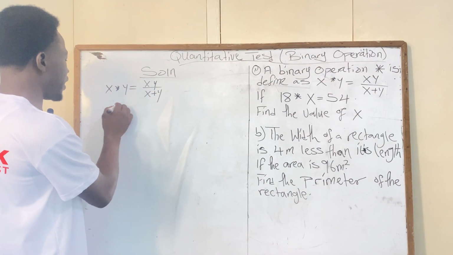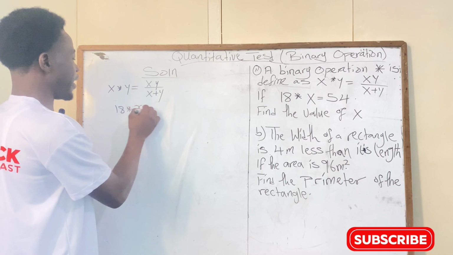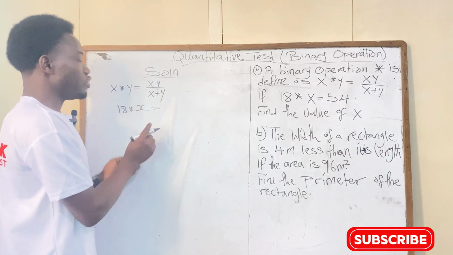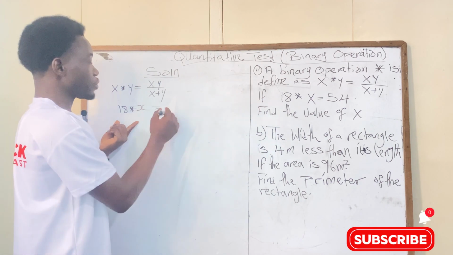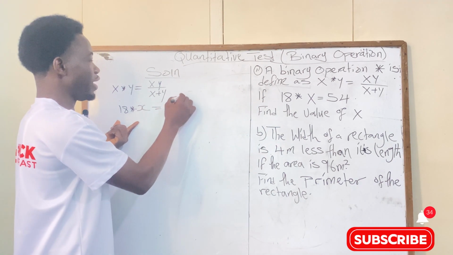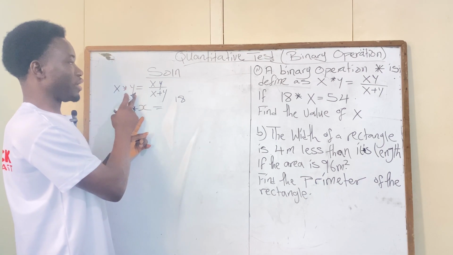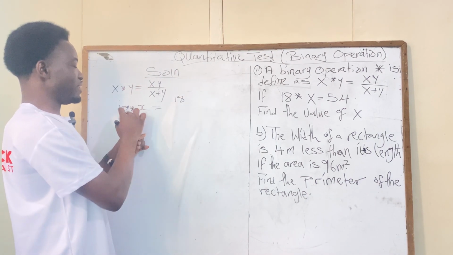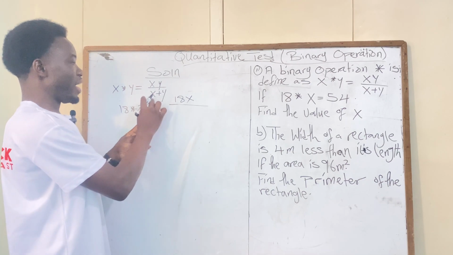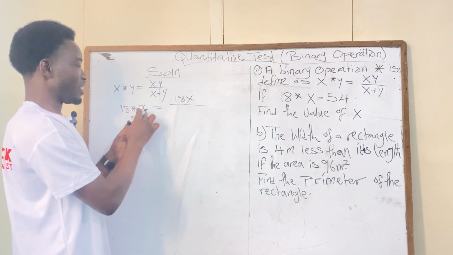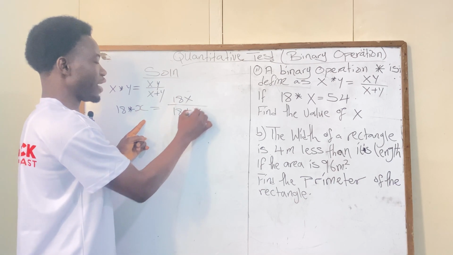So I have 18 star x, which is equal to, with the same operation, 18x, that is xy, all on x plus y, so 18 plus x.